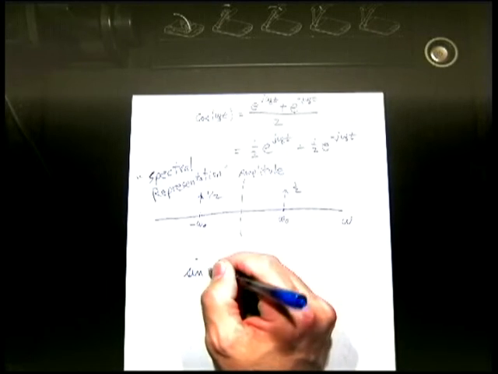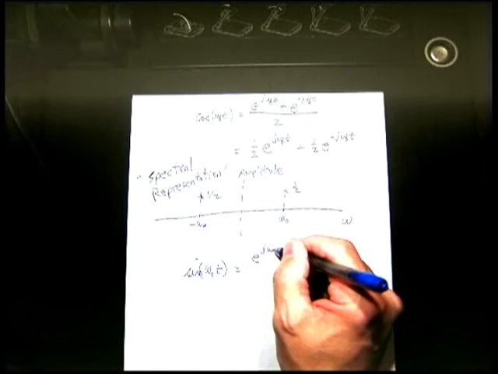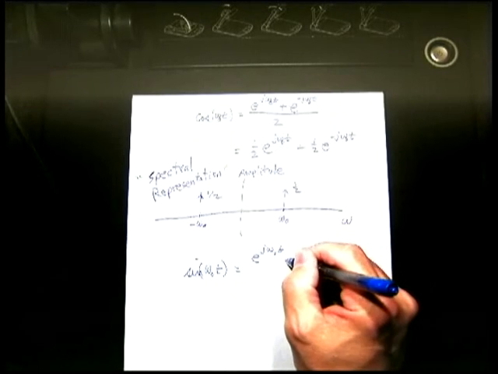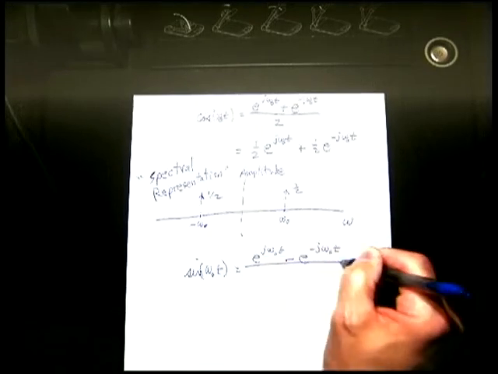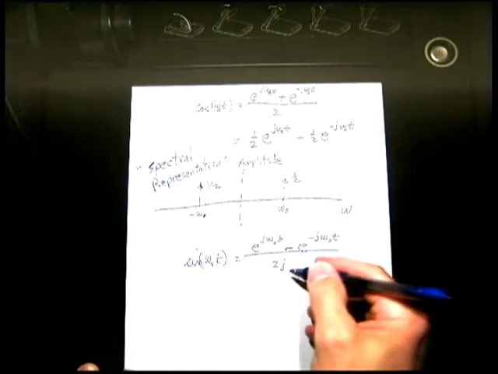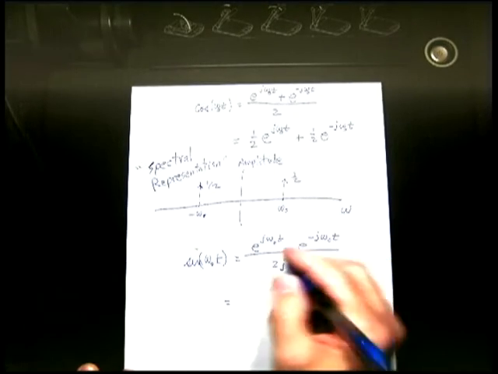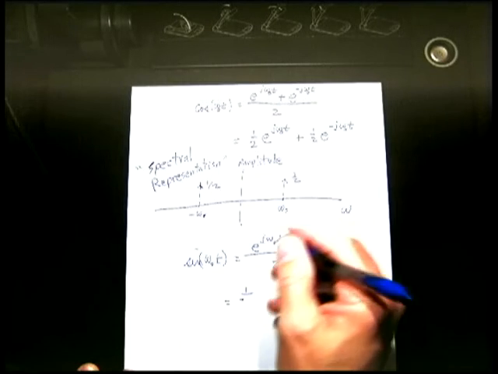And we have a problem with sign. It's not so easy, right? Because it's e to the j omega 0 t minus e to the minus j omega 0 t over 2j. So we've got this j in the denominator. So the amplitude is complex, right? So j can come upstairs with a minus sign.